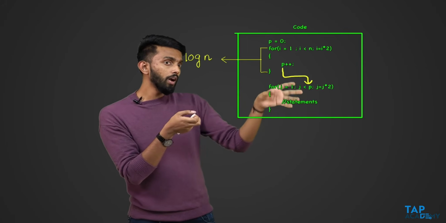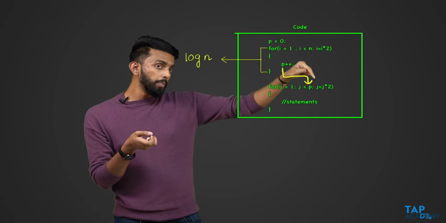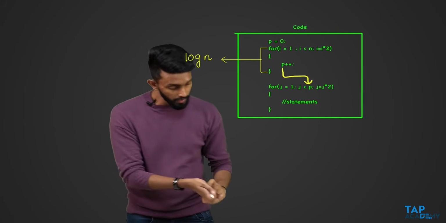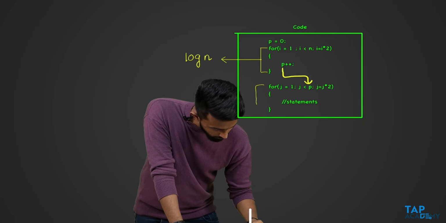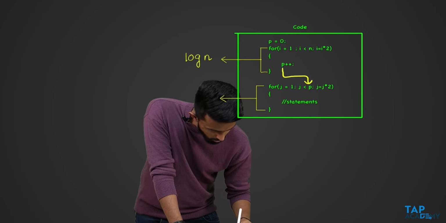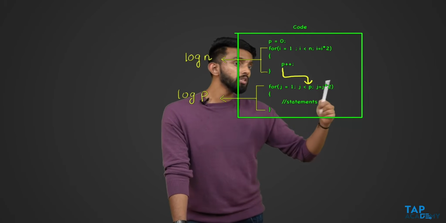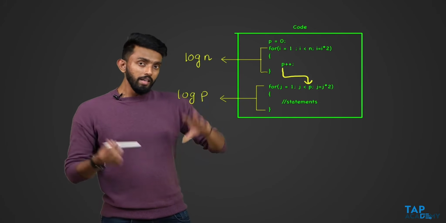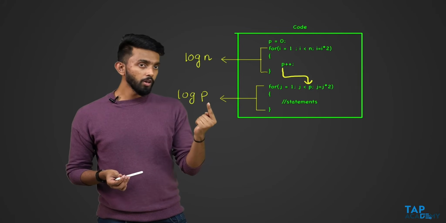So if you look at it, here n is the input size. So in terms of n, you wrote log n. Here p is the input size, which means you are going to calculate it in terms of p. And if I calculate it in terms of p, would you agree that here I can say that this is log p? Why? Because every time j value is doubling, so log p. Are you able to think? Now, in general, always in terms of n only you must write the complexity, which means I don't want this p.